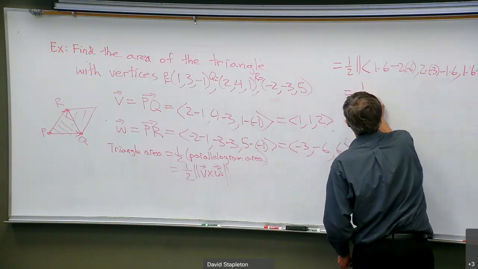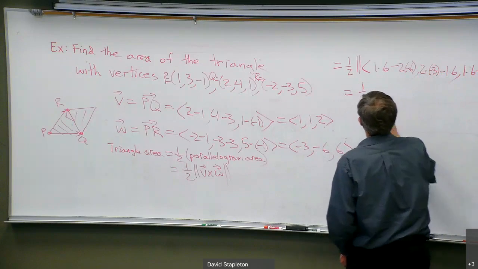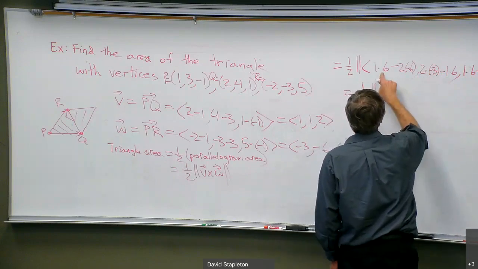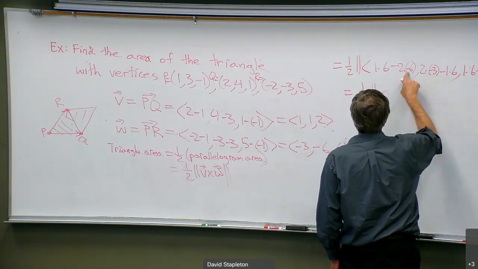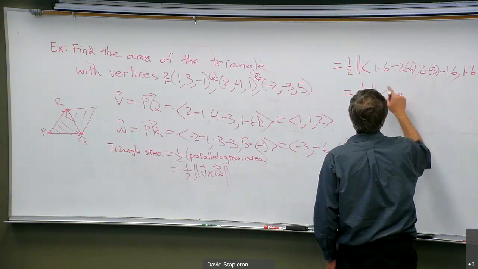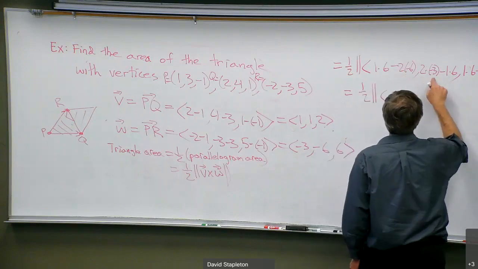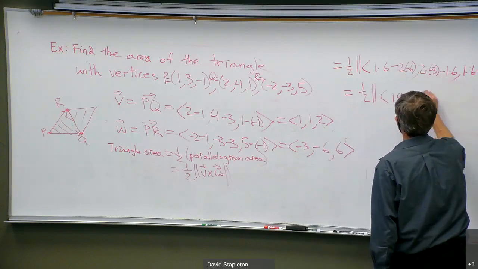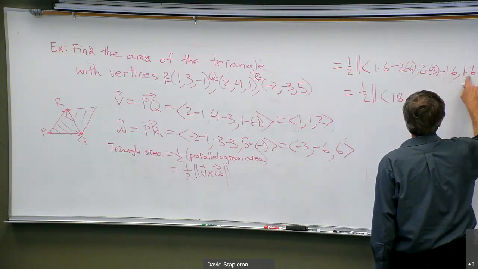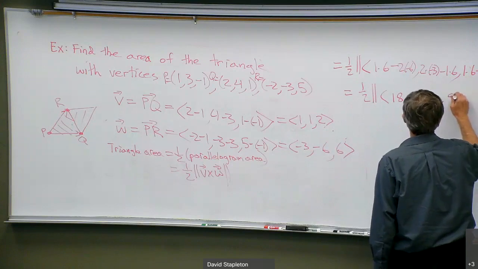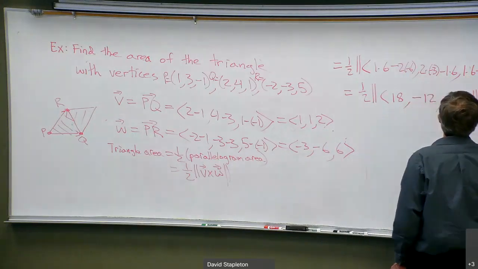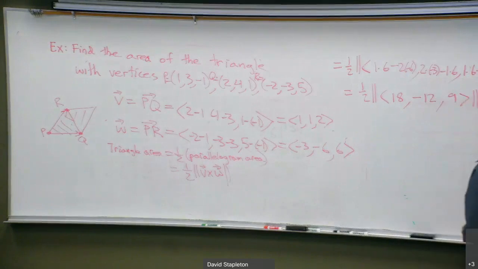Well, let's see, it's 1/2 the length of the vector. 6 plus 12 is 18. Minus 6 is minus 12. 6 plus 3 is 9. So the cross product of those two vectors is (18, minus 12, 9).